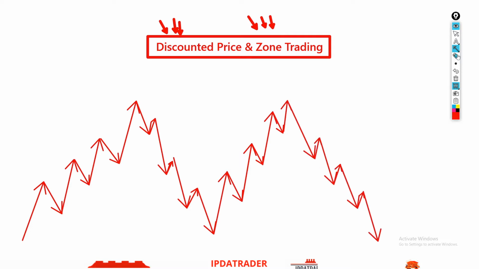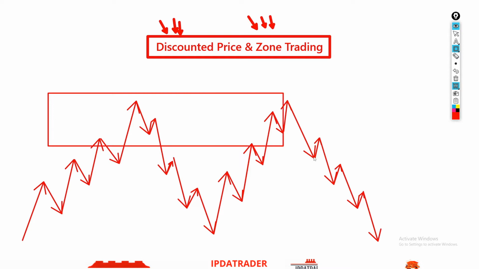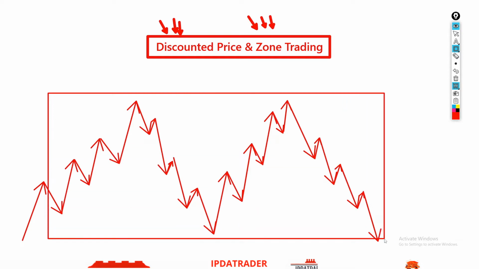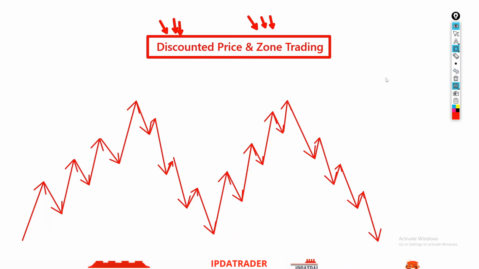Okay, I think we can all agree that this is a market that is overall stuck within a range, right? We're not breaking structural points higher and we're not breaking structural points lower. So we can safely say that, hey, we are in a ranging market.